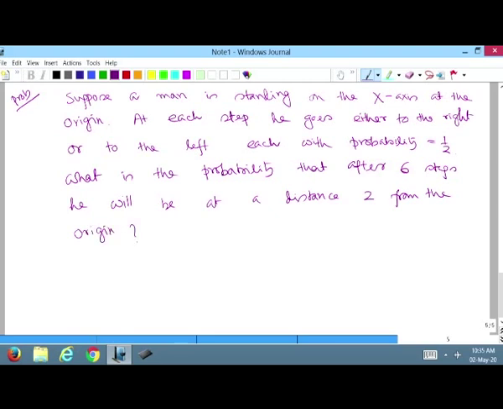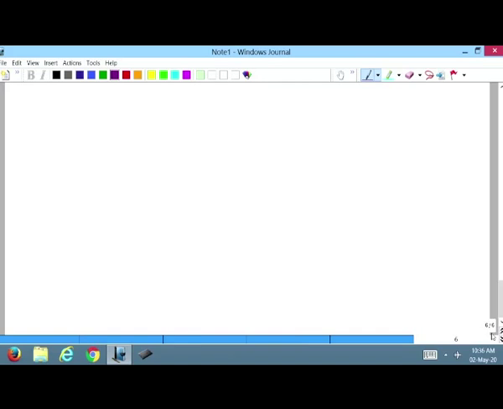So, I hope you understood the question. So, here is the initial position. He can go either to this direction or to this direction with probability half and half at each step. We want that after 6 steps he is here or here. What is the probability? So, how to do that?